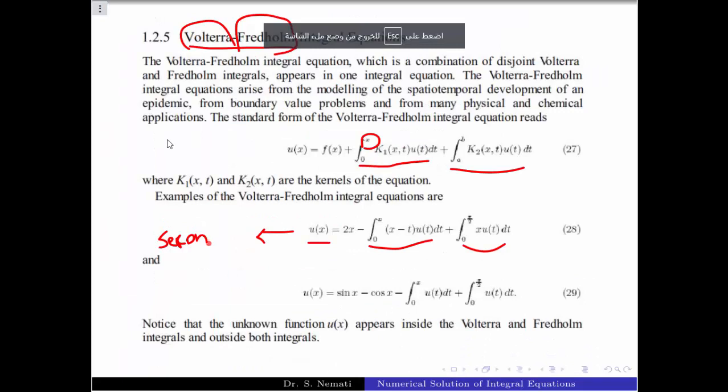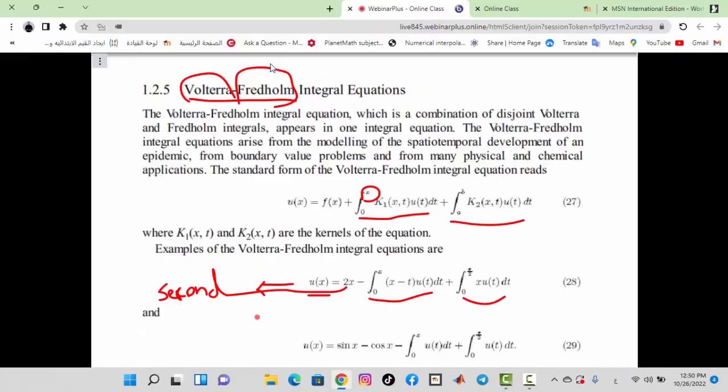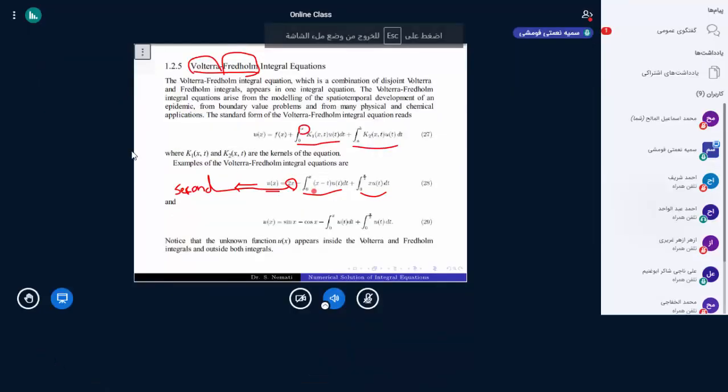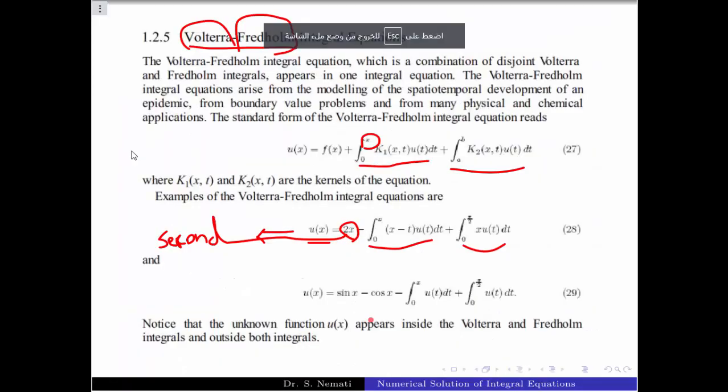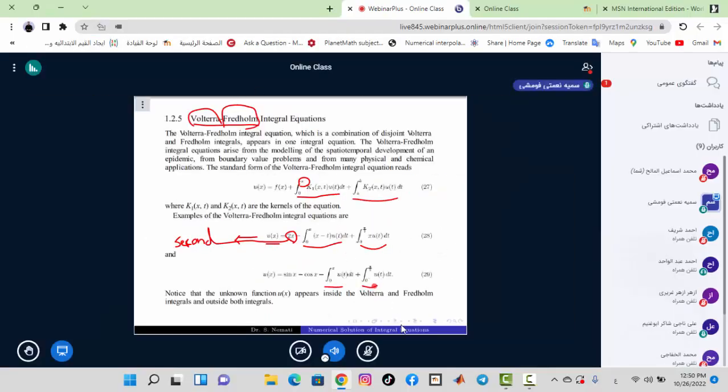And about being homogeneous or non-homogeneous, can you tell me if it is homogeneous or non-homogeneous? It's not equal to 0. This part, which is equivalent to the function f, is not equal to 0, so this is an inhomogeneous integral equation. And for the second one, equation number 29, once again we have a Volterra part and a Fredholm part.